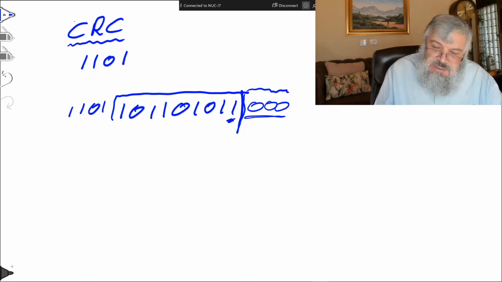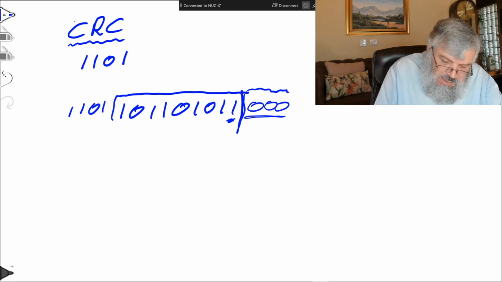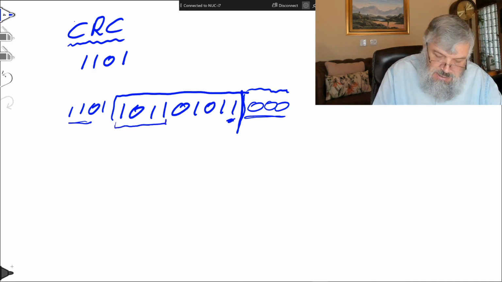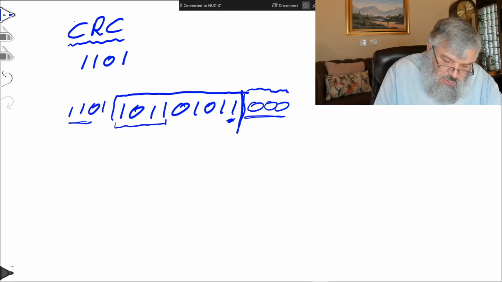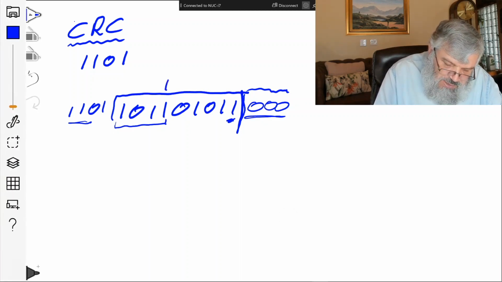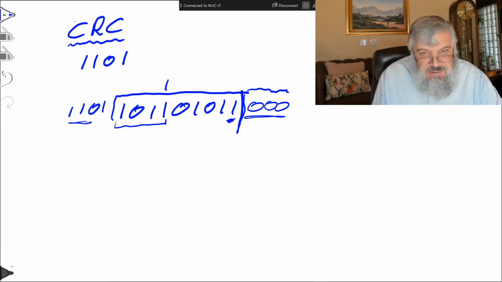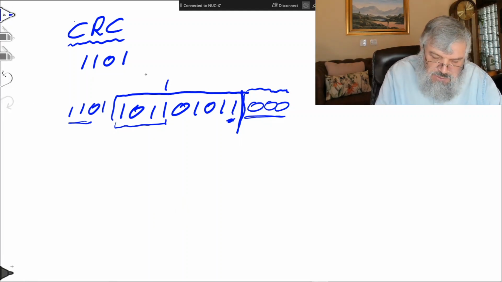If we look at the first possible position where we can divide our polynomial into the value to be protected, it will use those 4 bits. And when we look at this initial bit, we can say that this is going to divide into that value once. However, our quotient that we're getting here is not important. If I make mistakes there, I don't care about it.